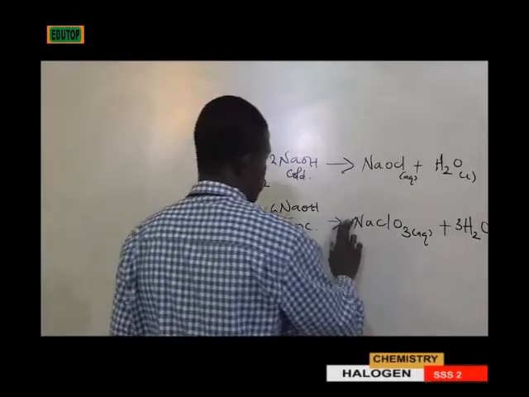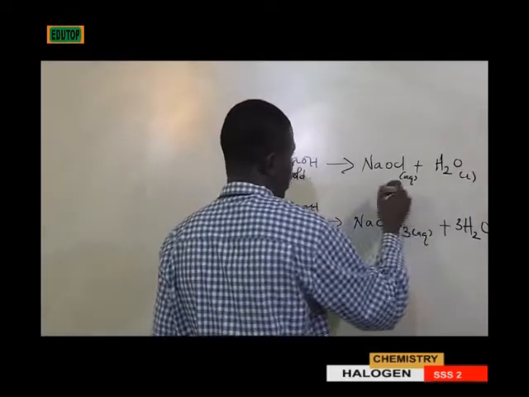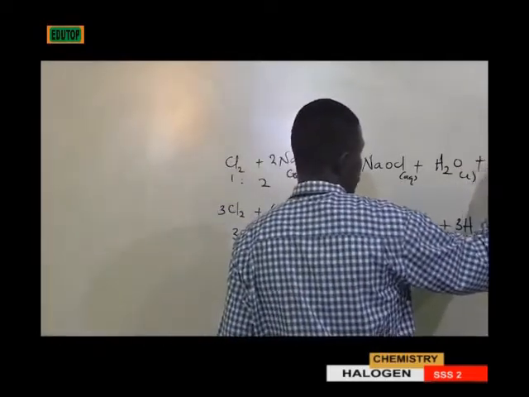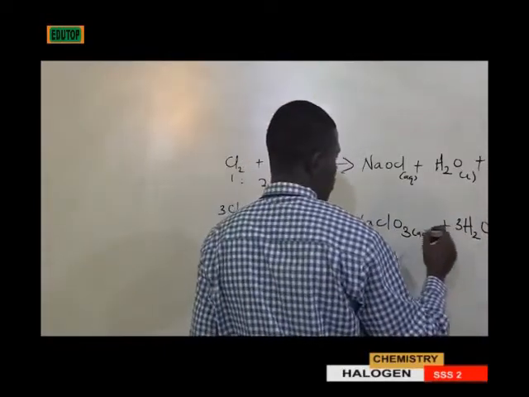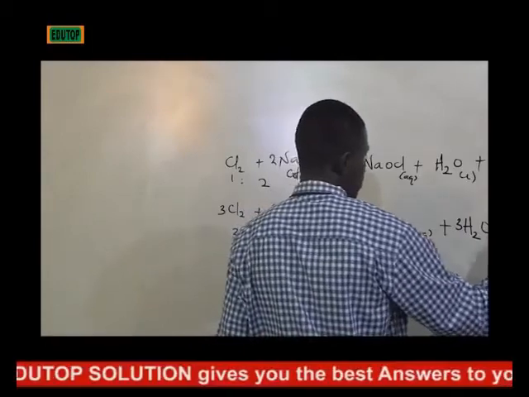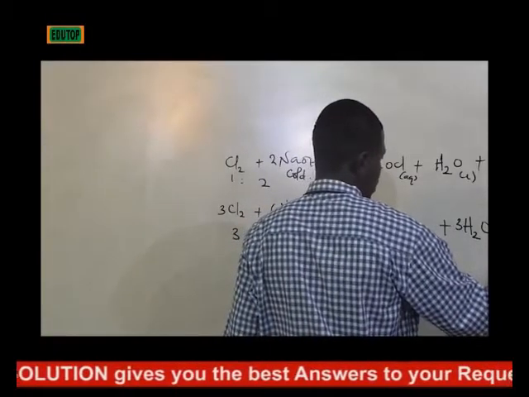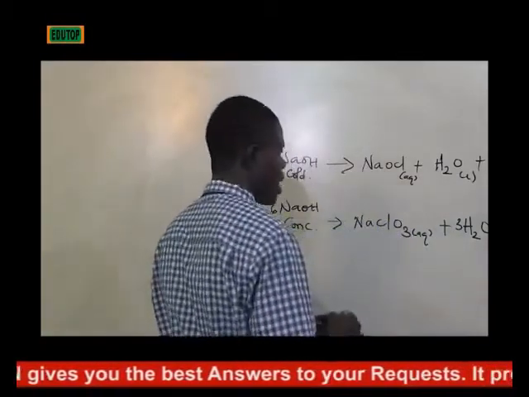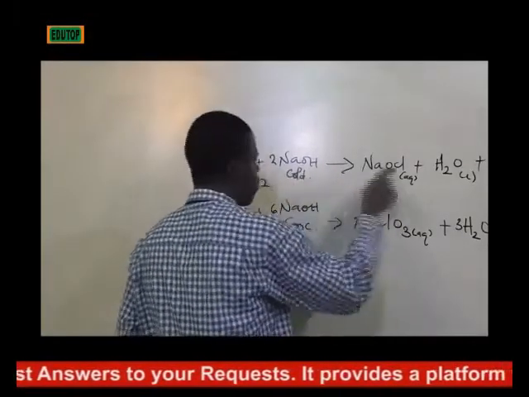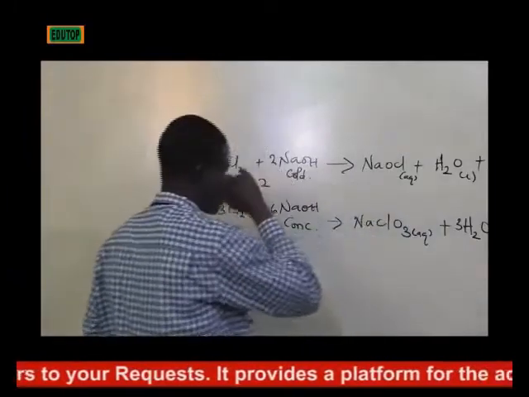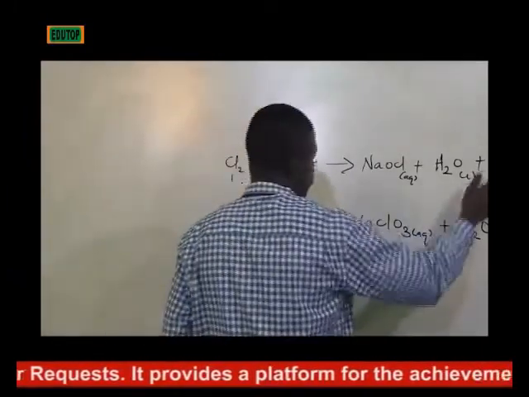This is not balanced yet. So there's another product here, that's sodium chloride. Sodium chloride now is balanced. Then here you have 5 moles of sodium chloride. So is it balanced? Let's check the first one. Chlorine 2, 1, 2. Sodium 2, 1, 2.